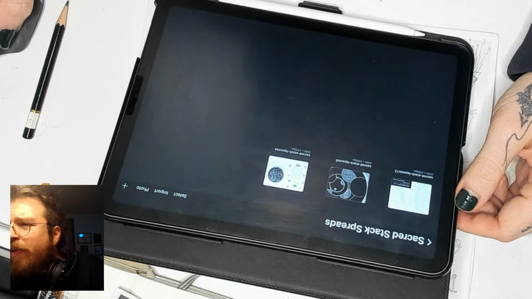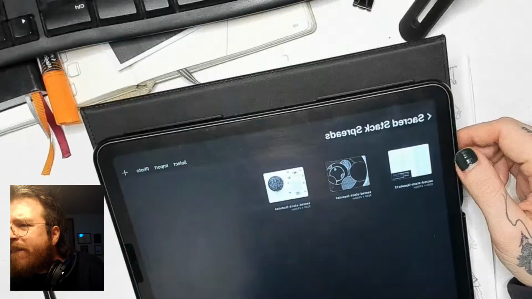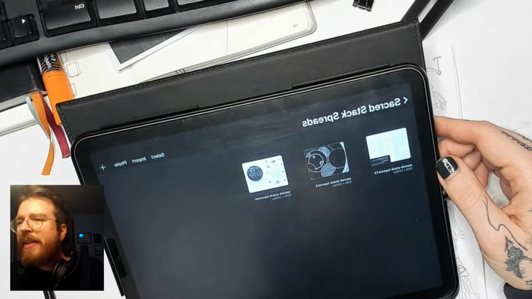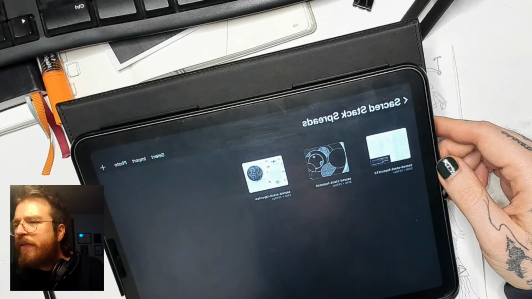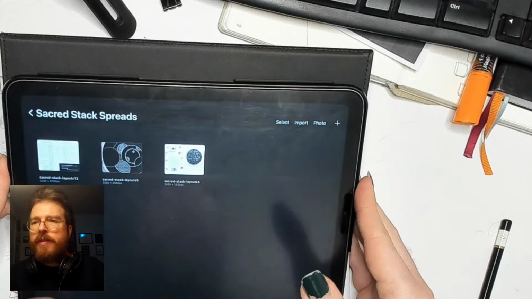Oh, we gotta transform it. Flip vertically. Oh no, but then is that backwards for you? So we gotta transform it, flip it horizontal, and we're good. All right.